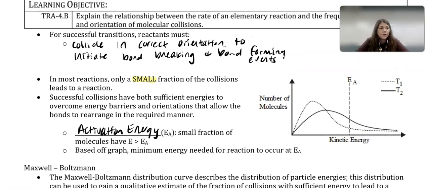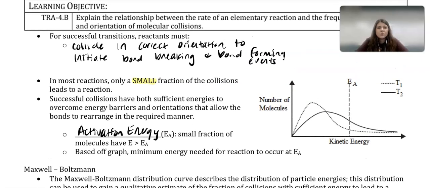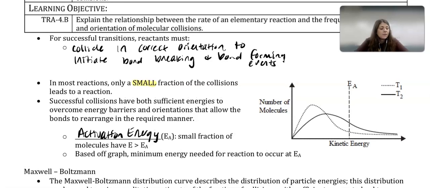So based off the graph, the minimum energy needed for a reaction to occur is EA, and you can see this is based off temperature. The dotted line is low temperature. The solid line is high temperature. And you can see where the activation energy is, because of kinetic energy, and you can see where these two lines hit that EA, based off the y-axis, the number of molecules, okay?